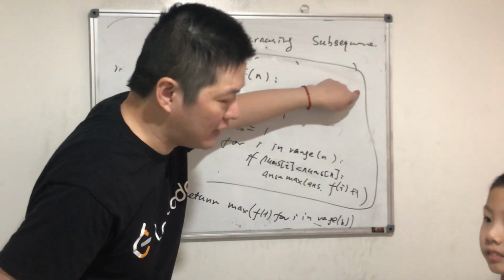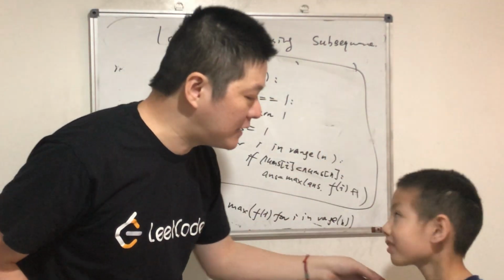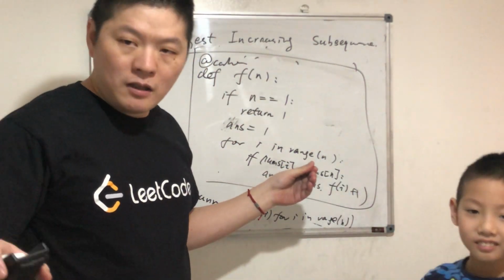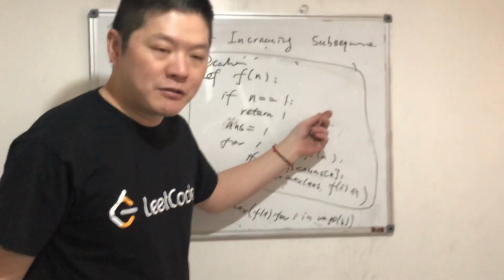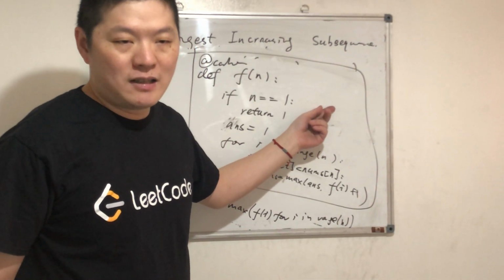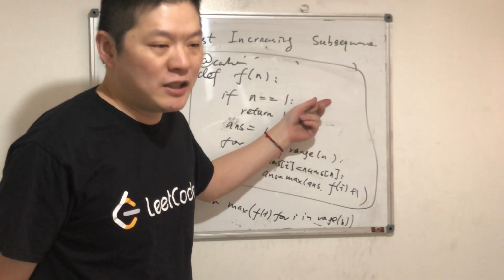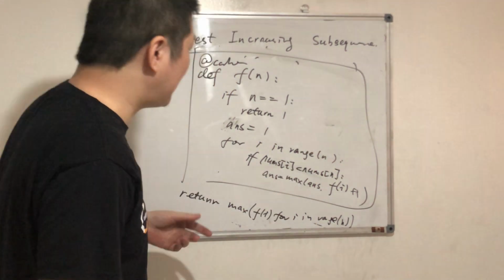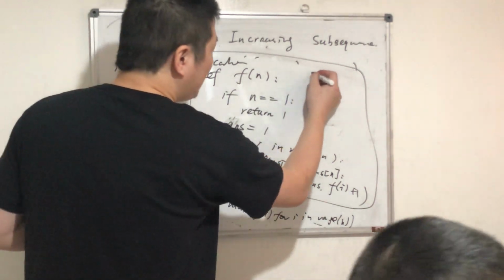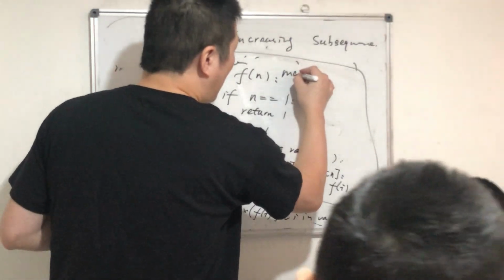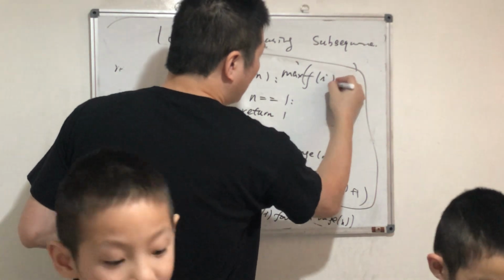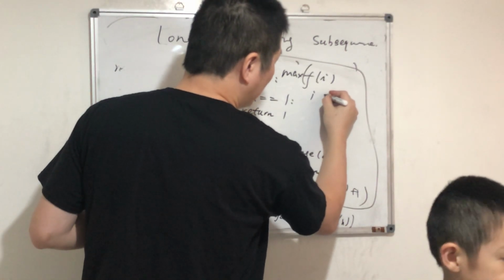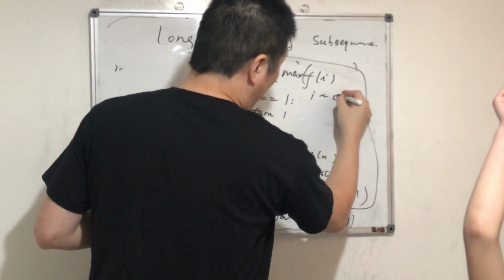The longest increasing subsequence does not need to include the last element. So we take the maximum of f[i] where i is from 0 to n.